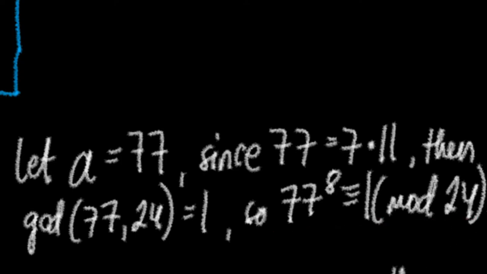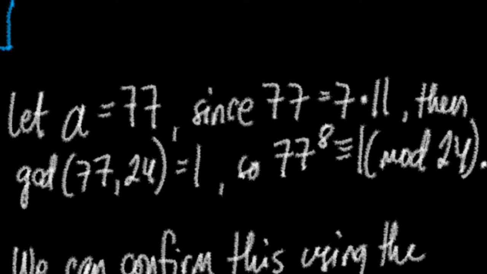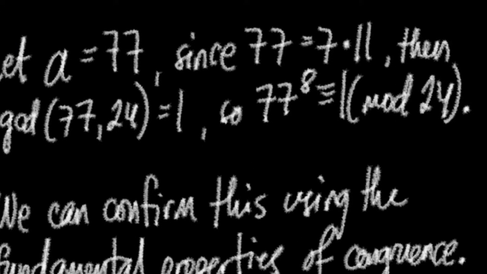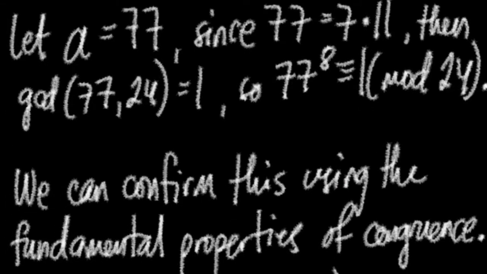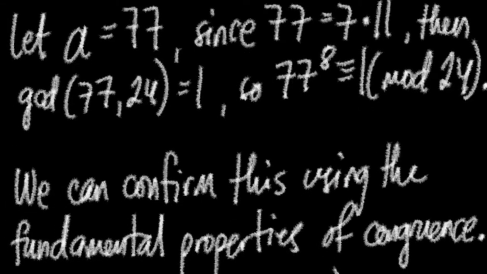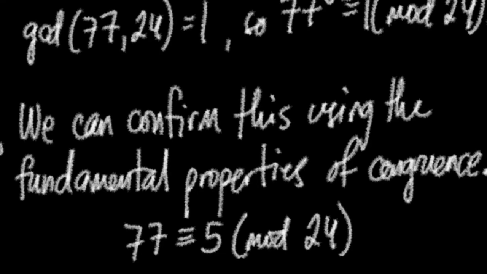We can confirm this by using some fundamental properties of congruence, if we really want to check if this is indeed true, other than what we can show by Euler's theorem. So for instance, 77 is congruent to 5 mod 24, because 24 times 3 is 72, so the remainder is 5.